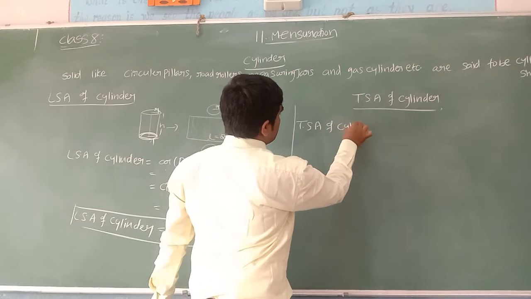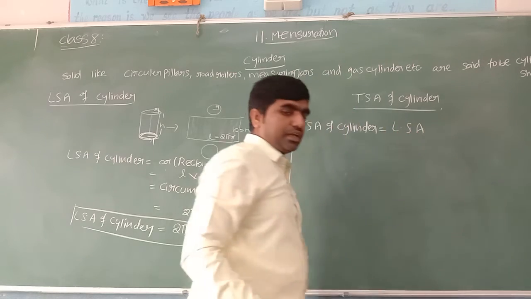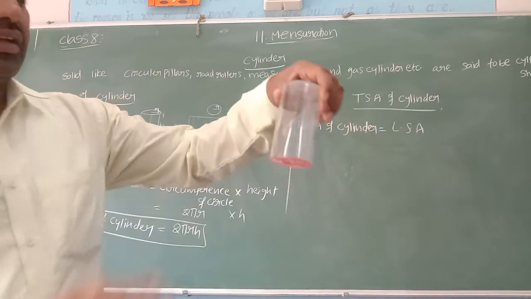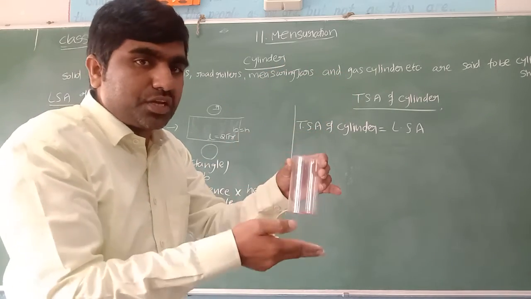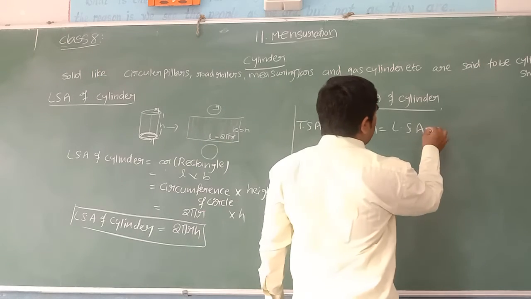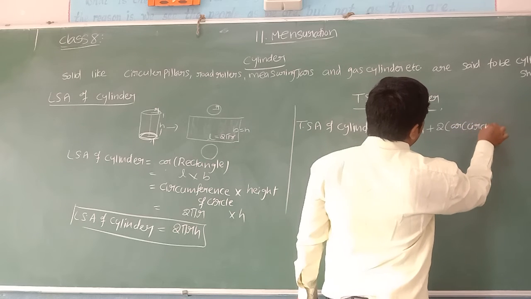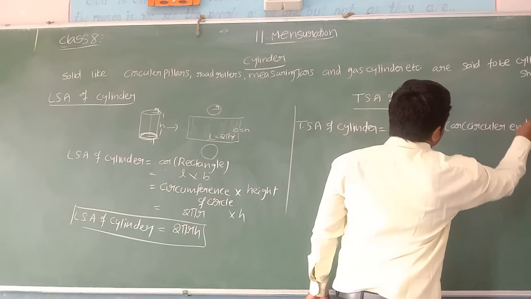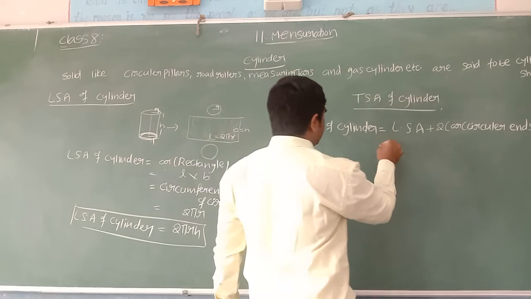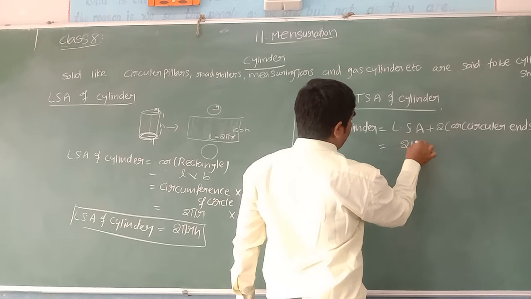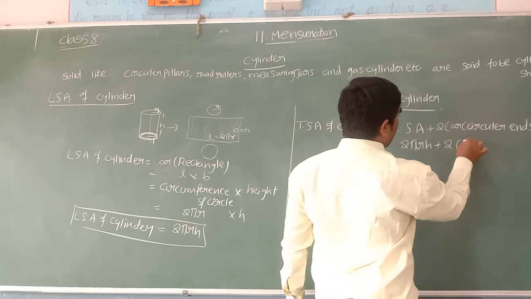TSA of cylinder is equal to LSA plus 2 into the area of the circular ends. What is LSA? 2 pi r h. Plus 2 into the area of a circle, pi r square.